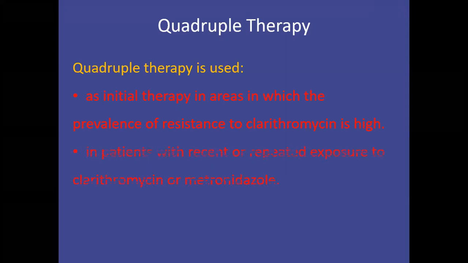In patients with recent or repeated exposure to clarithromycin or metronidazole, if patients have already taken it repeatedly, it is likely that the patient might have already developed resistance. It is likely, not necessary. So you will start with quadruple. And of course, when triple therapy fails, you will go for the quadruple therapy.